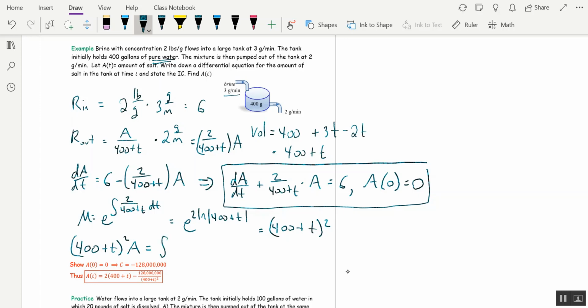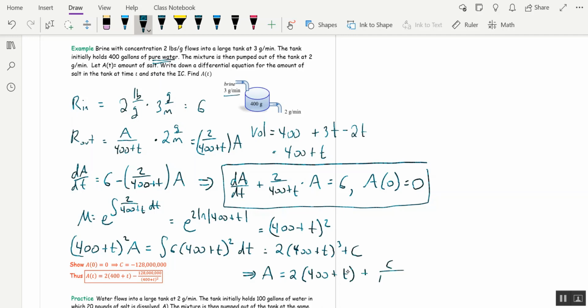And q is 6, so 6 times (400 + t) squared dt, which is 2 times (400 + t) cubed plus C. So divide both sides by (400 + t) squared, and we get A is 2 times (400 + t) plus C divided by (400 + t) squared.